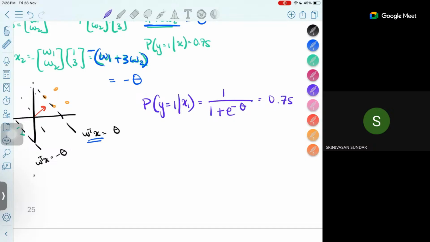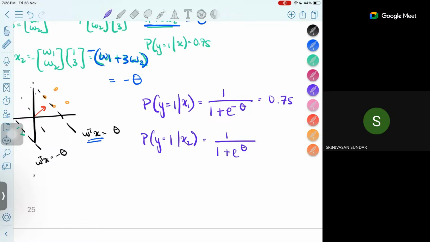The probability of y equal to 1 given x2 is going to be 1 divided by 1 plus e power minus of minus theta, which is e power theta.